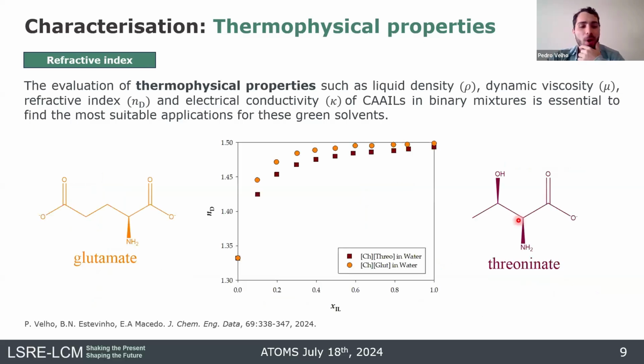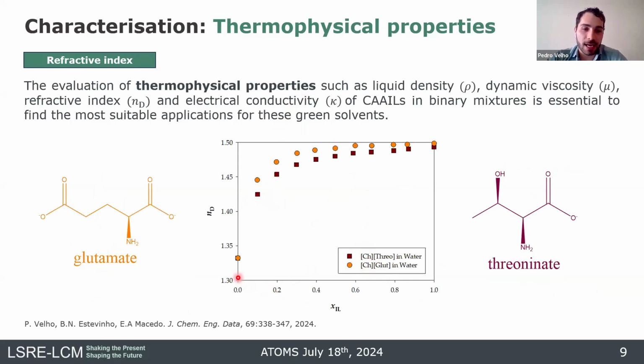Another very important property, normally used to assess the purity of ionic liquids in pure state, is refractive index, which is generally coupled with liquid density to assess the purity. In this case, we did some measurements for choline amino acid ionic liquids with some solvents such as water. And here you can see choline threonate and choline glutamate in water.